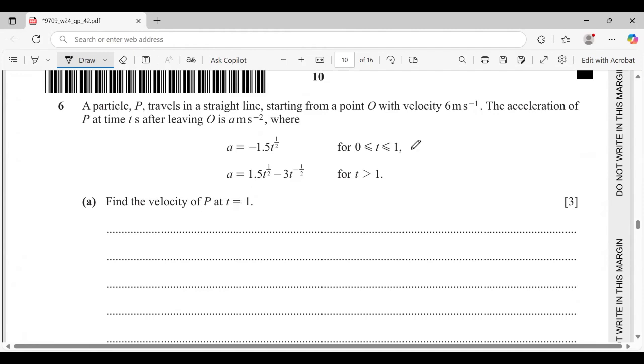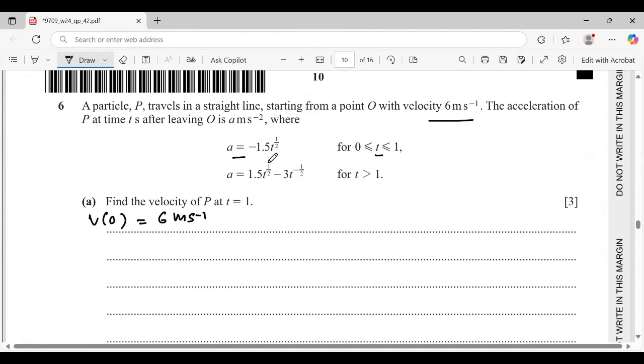At t equals 1, it means we're going to use this function because t is on this interval, right? So given that this is the function and the interval, this is the initial velocity. The initial velocity is 6 meters per second, according to this information. And then the acceleration function, this one, minus 1.5 t to the power 1/2.